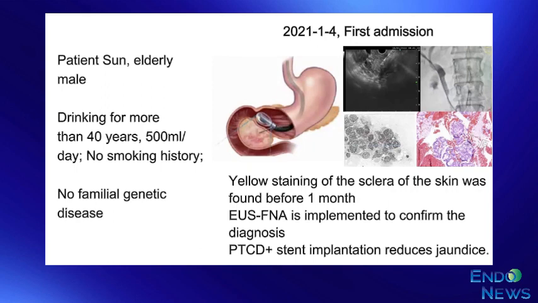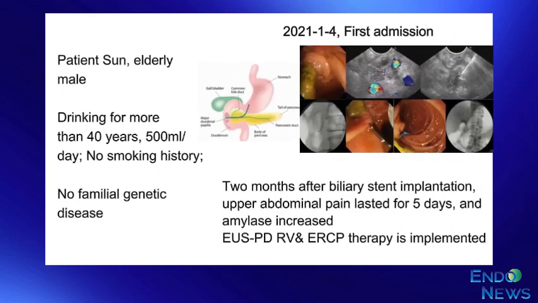After admission, EUS-FNA was performed. Cytological examination and pathological findings suggested pancreatic cancer. After surgical consultation, the patient was unable to undergo the operation. A metal stent was inserted.